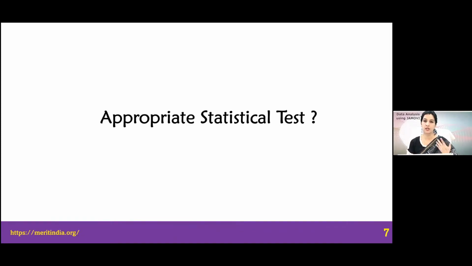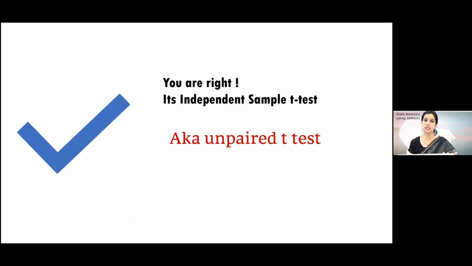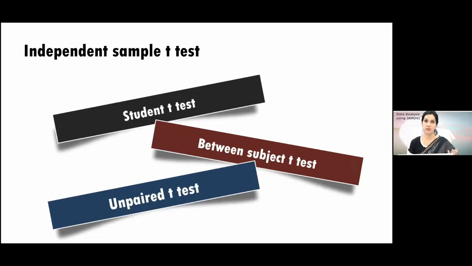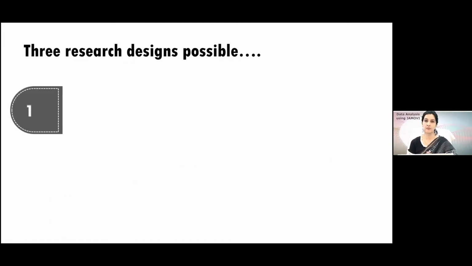So the right test for such a research question would be the independent sample t-test, which is also known as the student t-test or unpaired t-test. The other names of this independent sample t-test are the student t-test, between subject t-test, and unpaired t-test. So basically, there are three research designs in which we can apply this type of test.